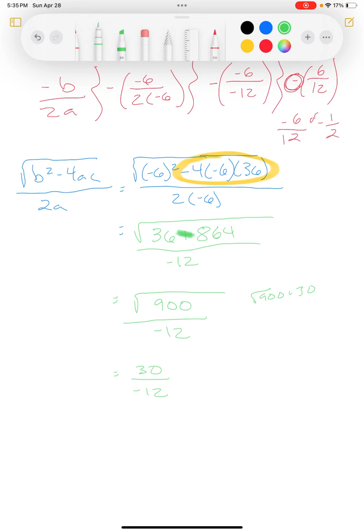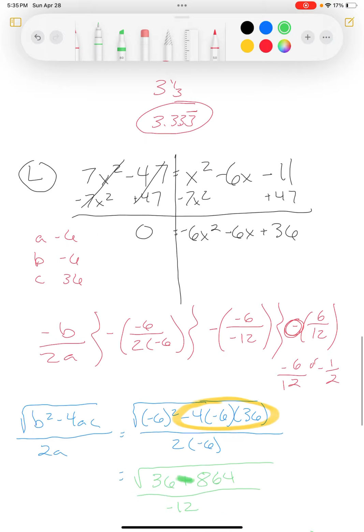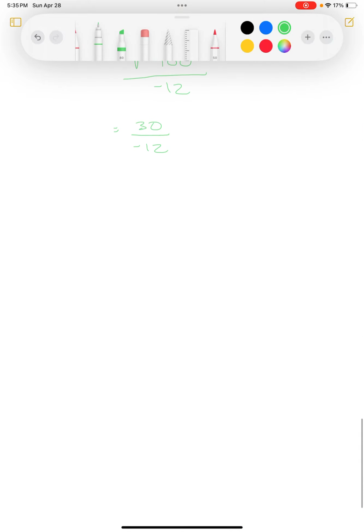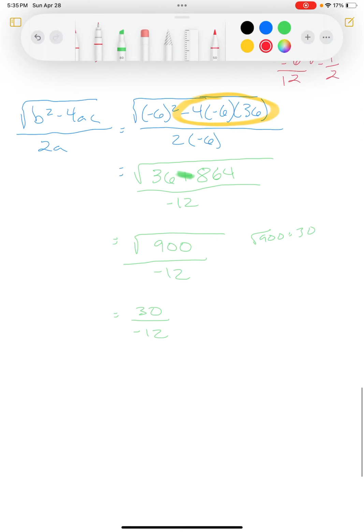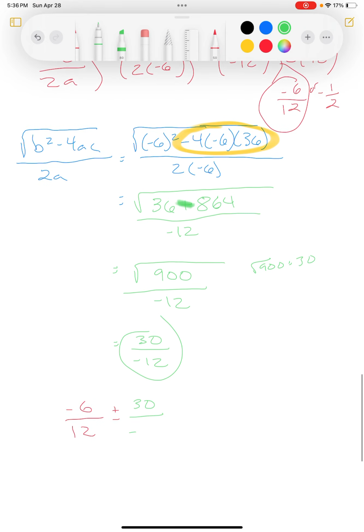So again, remember earlier we simplified that fraction. We're going to see right now that we don't need to, because as I scroll back to this, that earlier section right here is going to have the same denominator as I have down here. So I'm going to go back to the -6 over 12, and we're plus or minus part 2, which was 30 over -12.